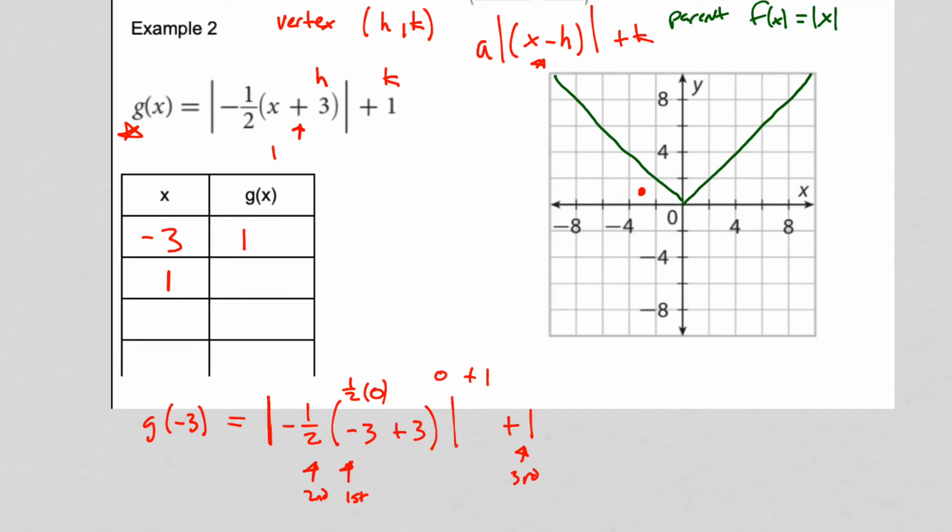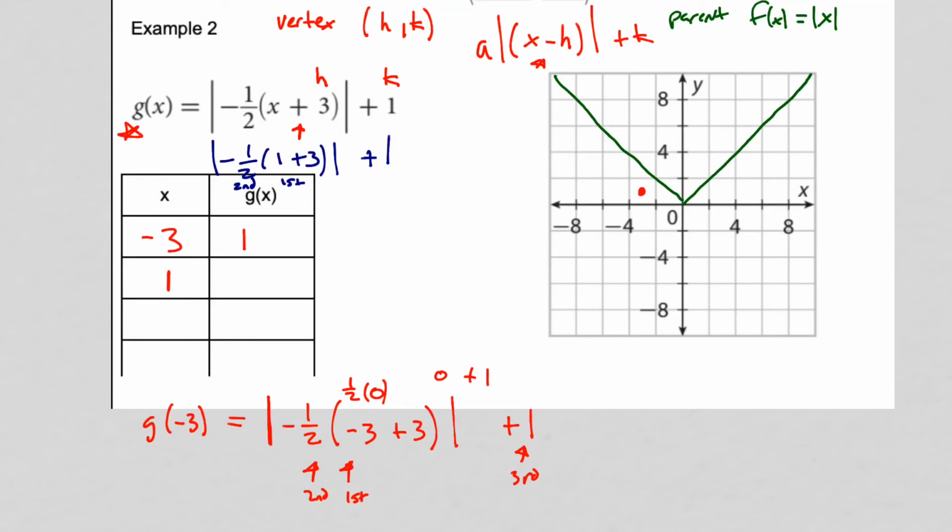So let's plug this in. I'm going to use a different color because I think we're getting too much red. You have essentially 1 plus 3, -1/2 of that, the absolute value of that whole mess, plus 1. So this would be the first thing I solve. 1 plus 3 is 4, and 1/2 of 4 is 2. But it's a -1/2, so 4 divided by 2 is 2, but I can't forget that negative.